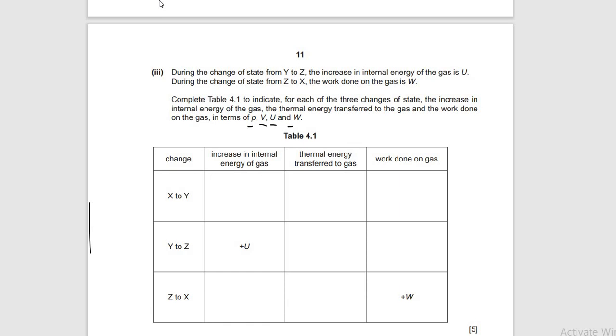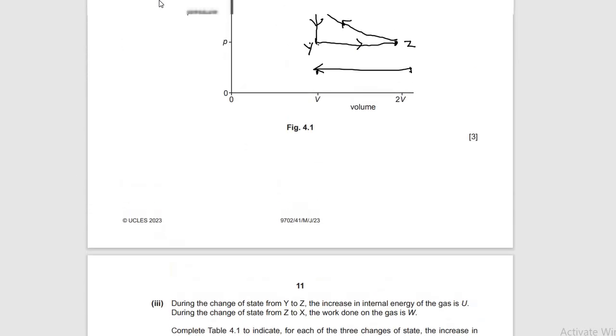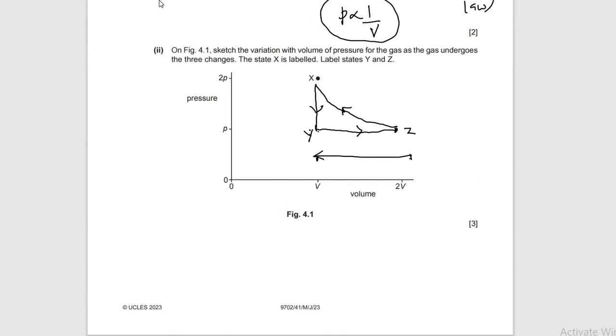Let's fill in. The first one, X to Y, increase in internal energy. Now first, let's go to X to Y. Let me call it A, from X to Y. From X to Y, we have constant volume.